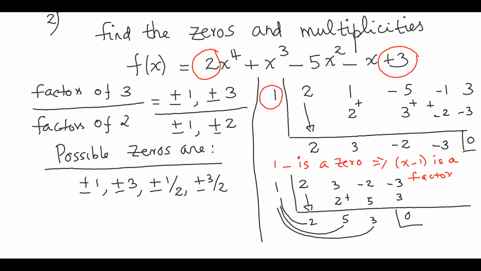That means x minus 1 is a factor again. That means it might be of multiplicity 2. We cannot conclude that because the degree is 4, so we have to find the rest of the zeros.